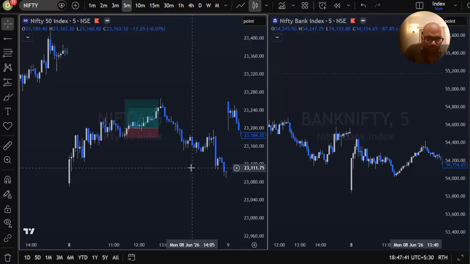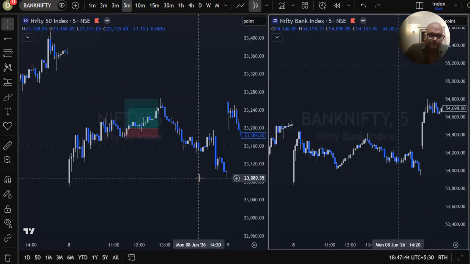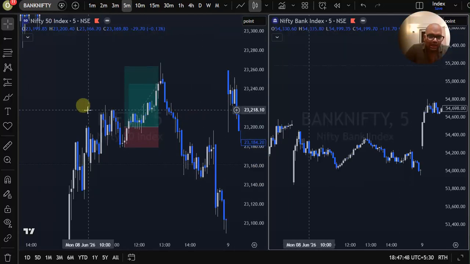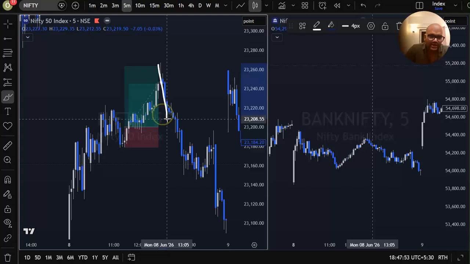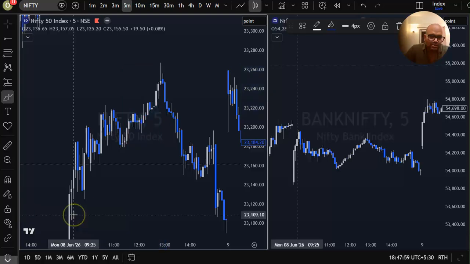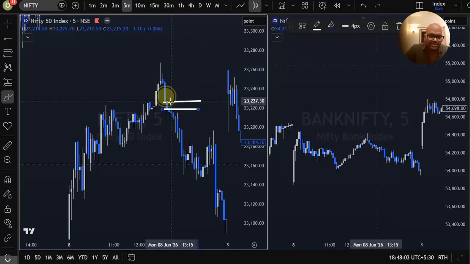Now after that, there was no entry, but you could have taken this entry. What happened was the market formed a strong leg, then there was this FVG that formed and there is a reversal candle.